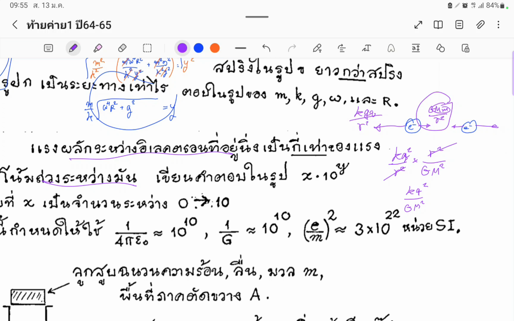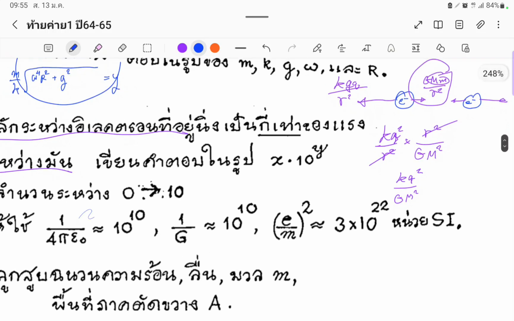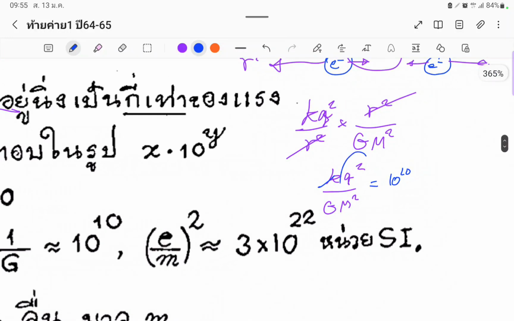Okay, so they give us that this one, 1 by 4 pi epsilon naught, is k, which is estimated to 10 to the power of 10. And then q squared, no, they did not give us q squared, but they gave q squared by m squared, because the charge of the electron is e, so everybody knows that.